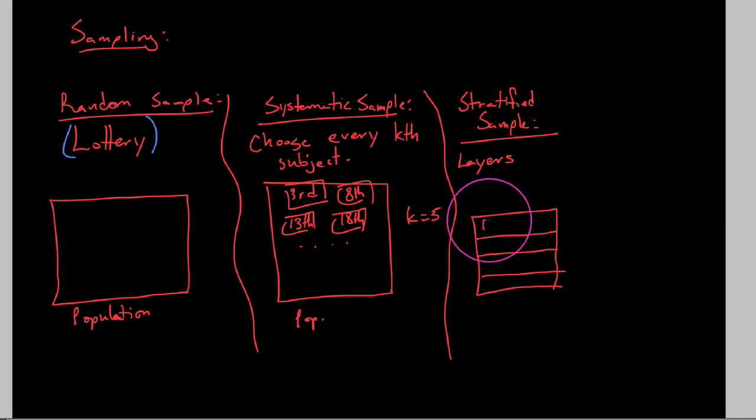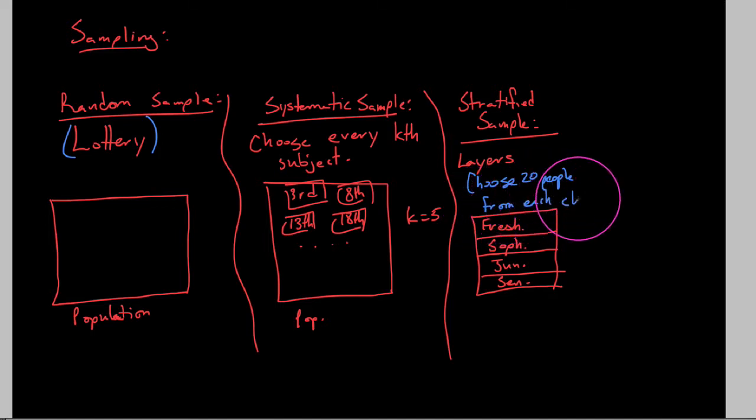What if we had freshmen, sophomores, juniors, and seniors? And what we want to do is look at mile times through the whole high school, but since these are already split into layers, what if we choose 20 people from each class?